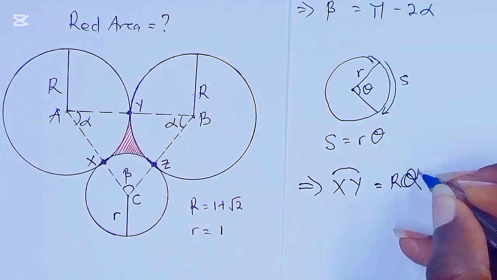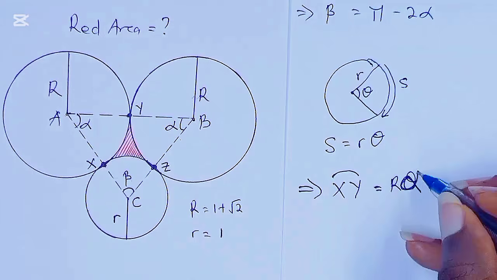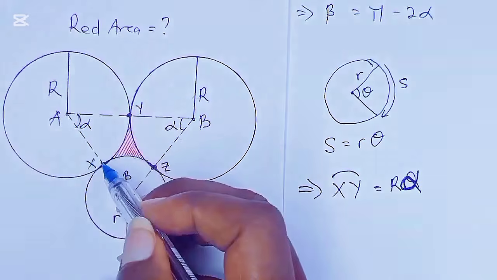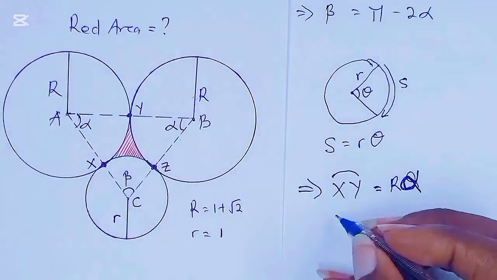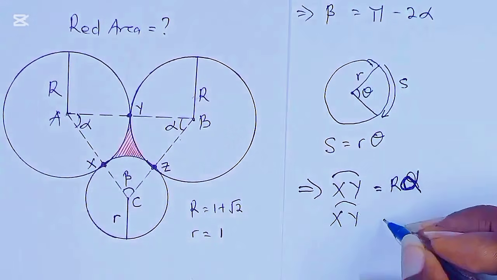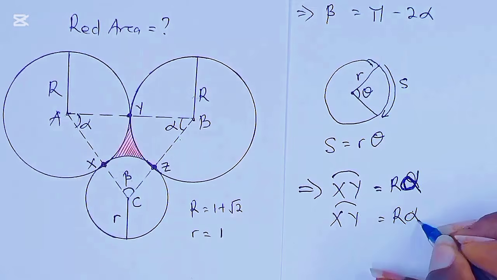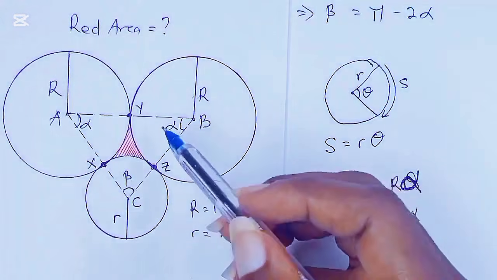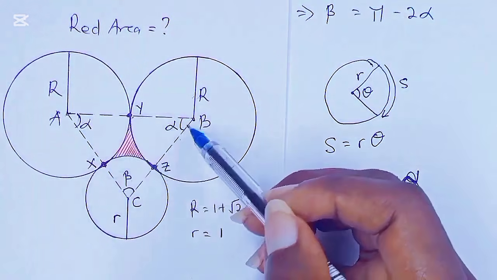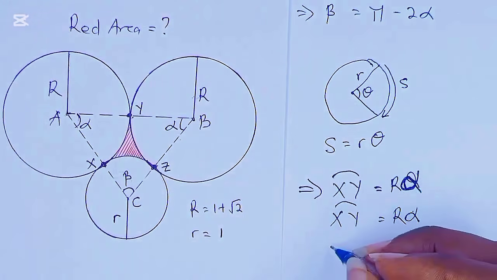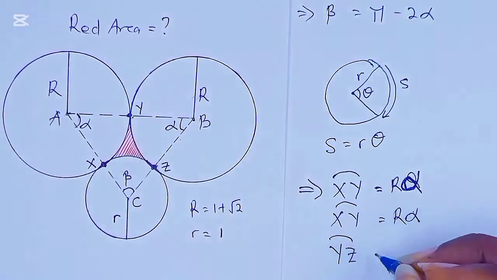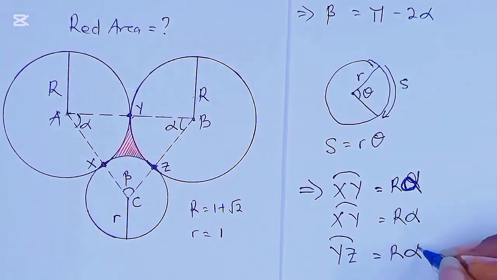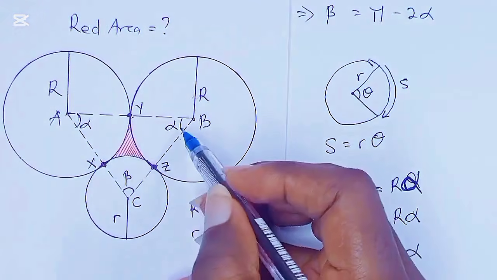Sorry, not theta, capital R alpha, since this angle here is alpha, and this is capital R. So arc xy is equal to R alpha. Then YZ, this is also capital R. So arc YZ will be equal to capital R alpha, since this angle is alpha.